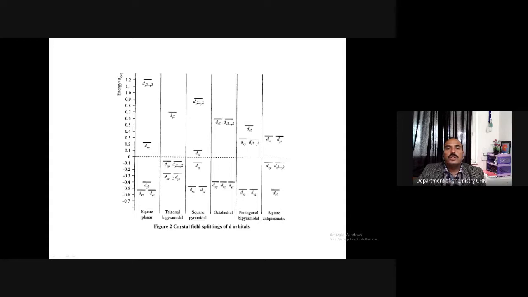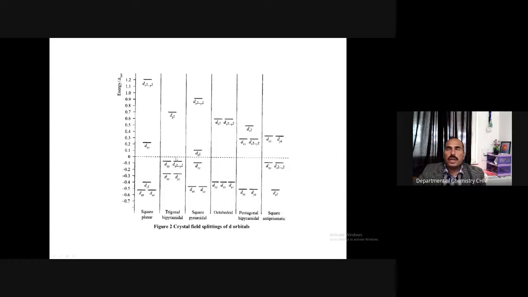Because dxz and dyz are in between the axes, and the ligands are also approaching almost in between the axes. Although dxy and dx square minus y square are slightly closer to the approach of the ligands, so in case of trigonal bipyramidal, the energy of these two orbitals will be slightly higher than the other two. Okay, however, all four are below the barycenter.